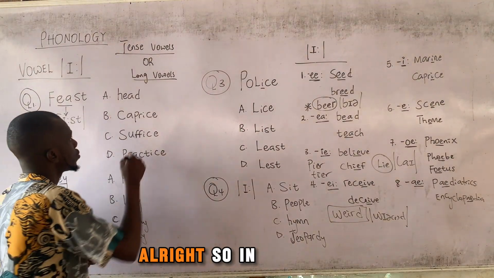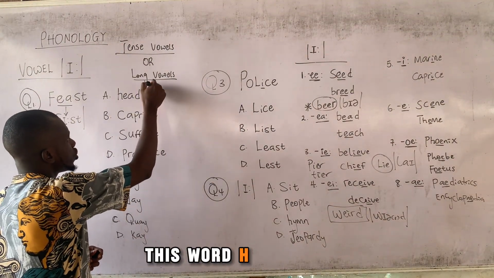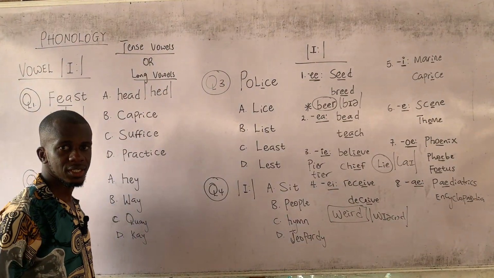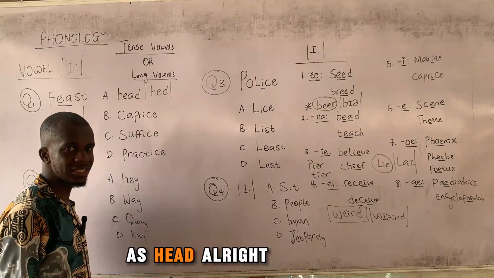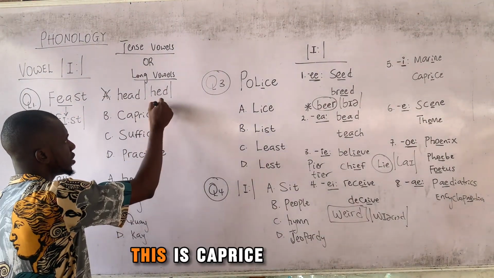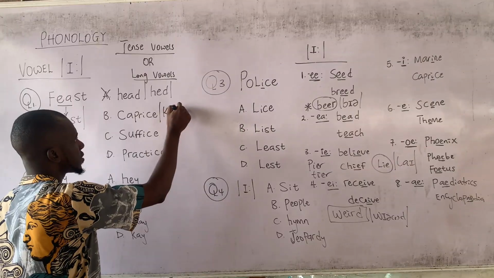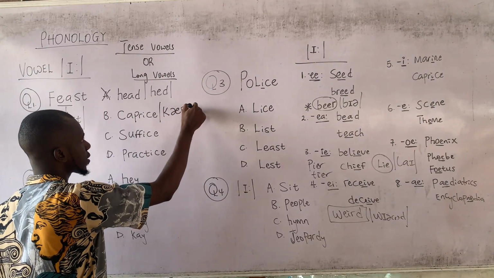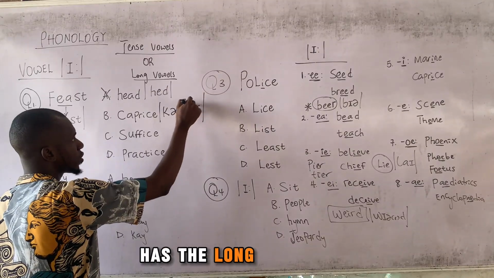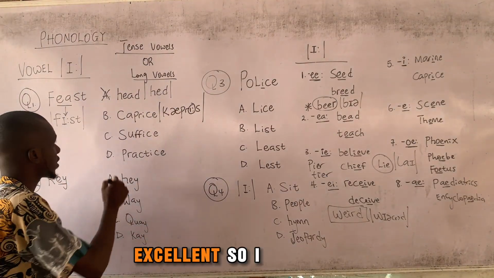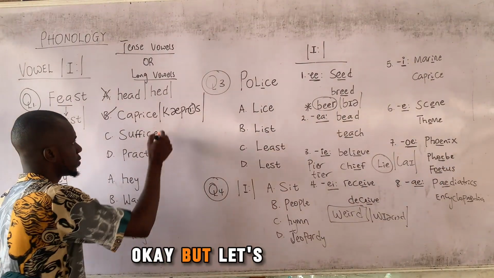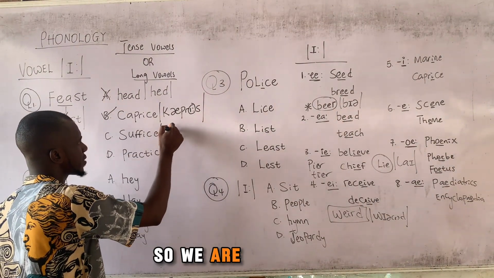In this word, H-E-A-D, it is pronounced as head. So it doesn't have the sound we're looking for. This is caprice. You see, it has the long E sound there. Excellent. So I know this is my answer, but let's transcribe the others so we are certain.